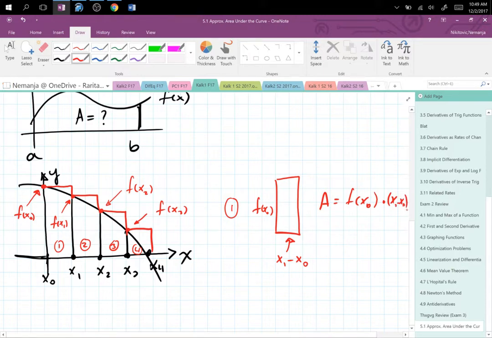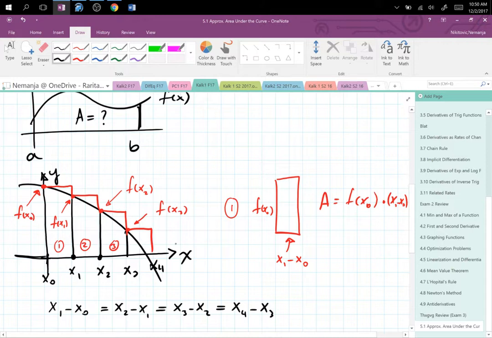Now we're not going to write this 15,000 times. Since I have them equally spaced, we're going to see that x1 minus x0 is the same as x2 minus x1, is the same as x3 minus x2, is the same as x4 minus x3, right?